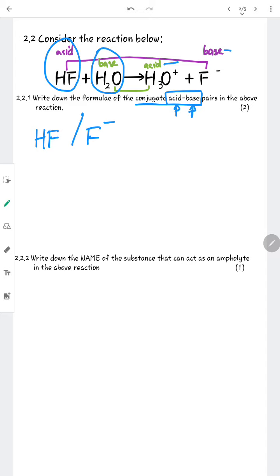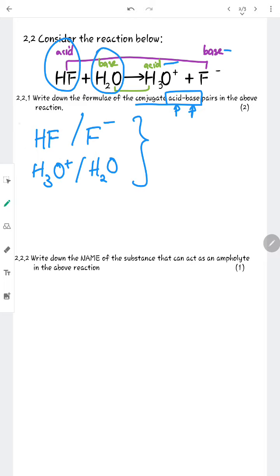The next one I'm going to do is your conjugate acid-base pair. So acid first. Here, when it comes to my water and my hydronium ion, because my hydronium ion is my acid, I will start with my acid. Again, you can see I'm writing the charge and then water. So there you can see I've written them as a pair.